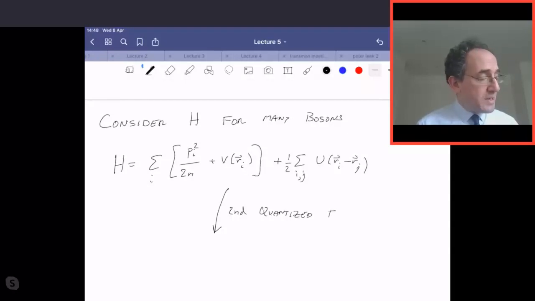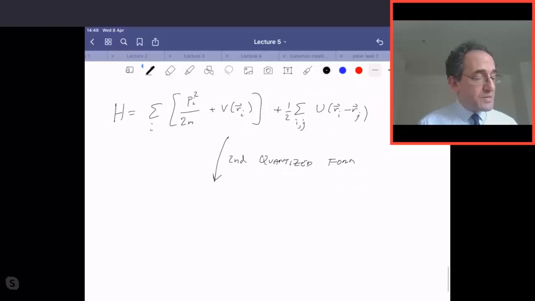Deriving this is a nice exercise in second quantization, but to give you a hint of how it's done, you transform into a convenient basis, maybe even an eigenbasis of each operator, and then it's really easy to write down the second quantized version of operators.